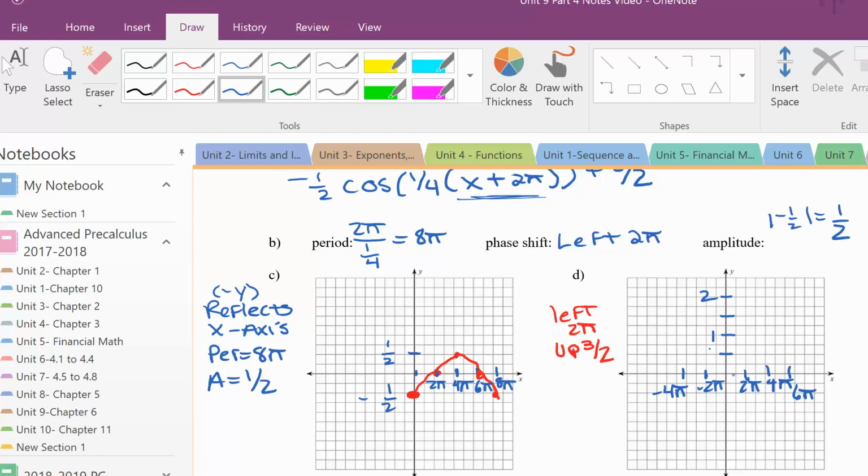So you're going to go to the left, to negative 2 pi, and then it's going to go up from negative 1.5 to positive 1. There you go. And then same thing with this point: it's going to go now to 0 and then up to 1 1/2.